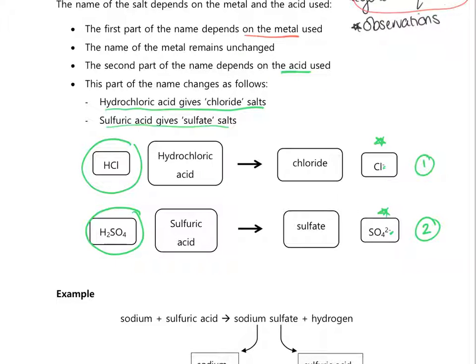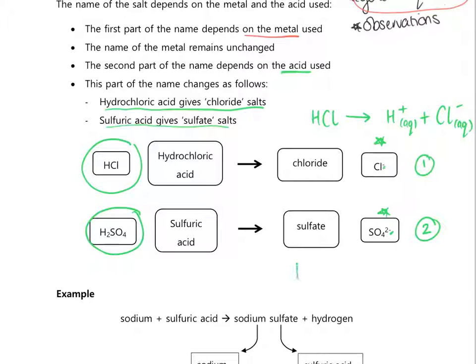Think how we form these ions. Remember we said that all acids, when dissolved in water, form hydrogen ions. So actually what happens when I dissolve hydrochloric acid in water, I produce hydrogen ions because it's an acid. And then there are my chloride ions. And we can say that those are aqueous because I've dissolved them in water.